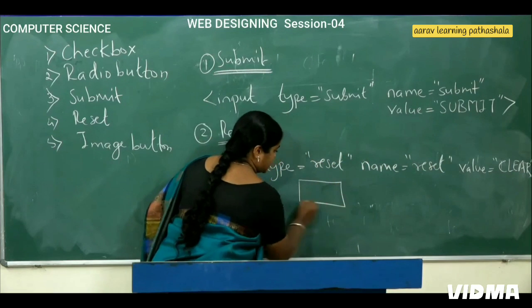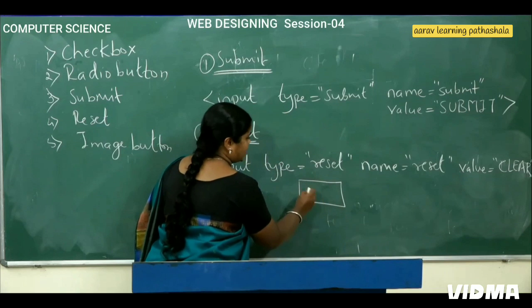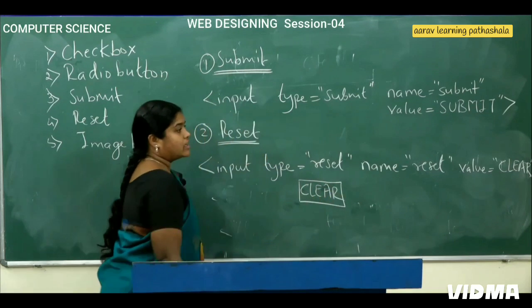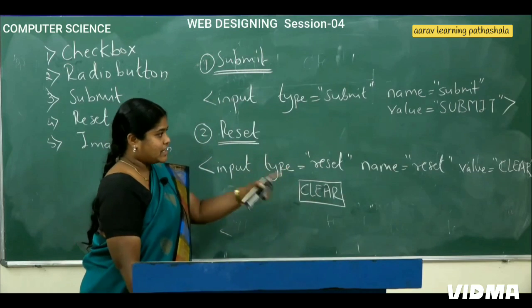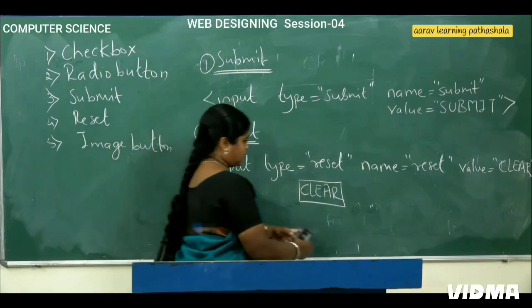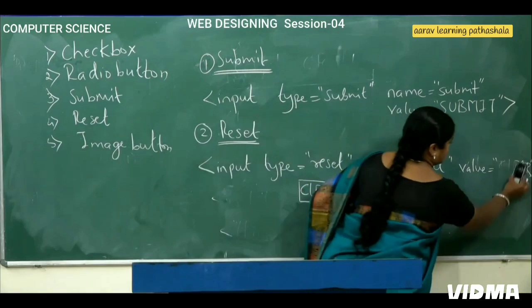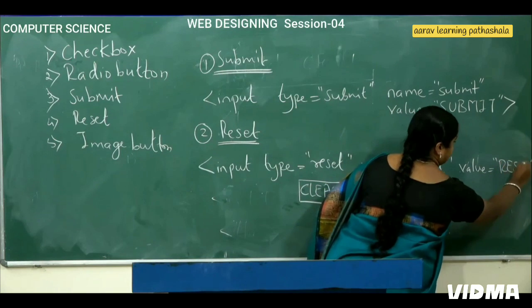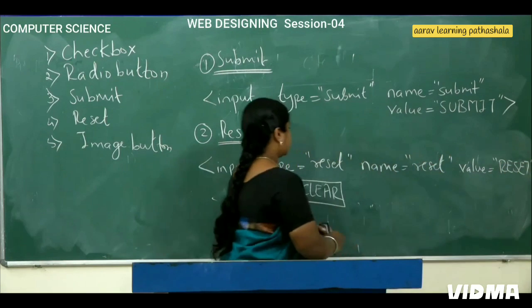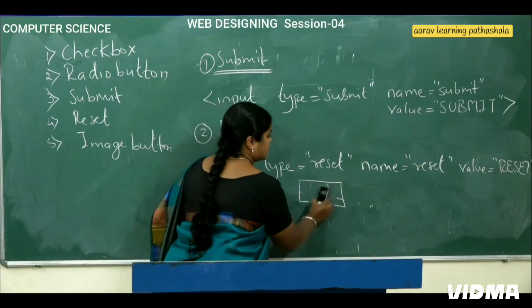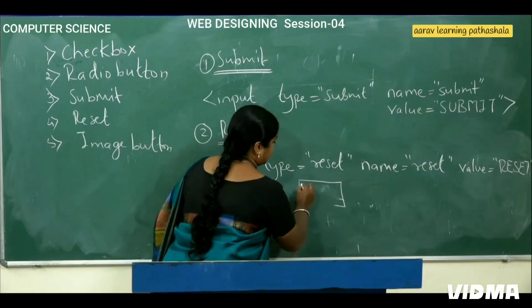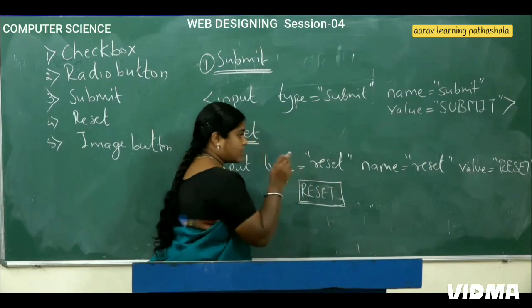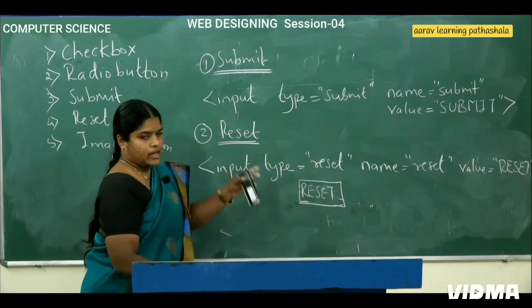On this particular button, the text that will appear is clear. Suppose I say reset, then on the button also the text that will appear will be reset. So that is the use of the value attribute.